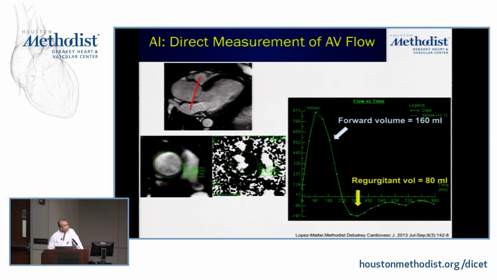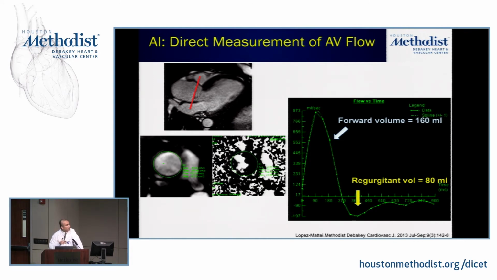The way that CMR does assessment of AI is really using a direct methodology. Essentially you place this phase contrast imaging plane directly above the aortic valve, and then you determine what the forward volume is. Then as this valve shuts or is supposed to shut, the blood flow that's going backward comes back across this imaging plane, and you actually capture a reverse volume.